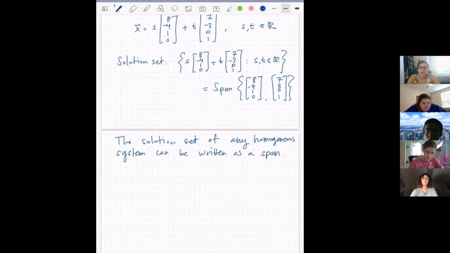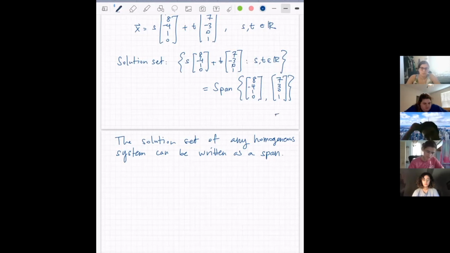So any vector in this span is a solution to our system, right? Yeah, exactly. In this case, we have two vectors, so this span is going to form a plane in R4, because that's where our solutions are.